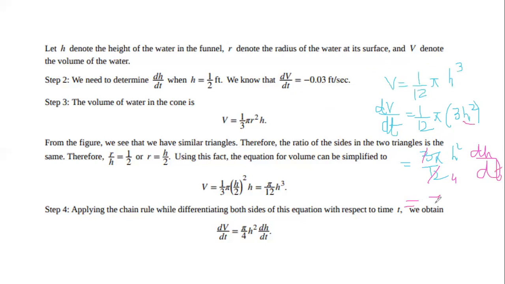So it is pi divided by 4 h squared dh/dt. This is the value of dV/dt.